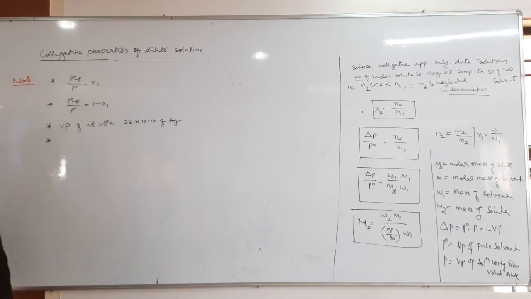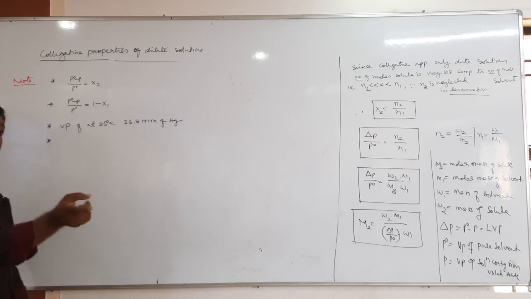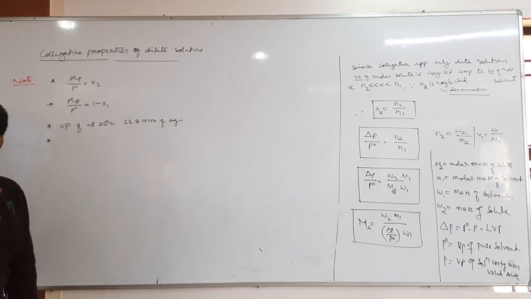So how to see the P value is, they may mention it like this: water boils at 100 degrees Celsius, or so and so solution boils at 100 degrees Celsius. What is the meaning of this? At what temperature does it boil? It has a boiling point. At what pressure does it boil? 1 atm. It means that indirectly, instead of giving the vapor pressure, they mention the boiling point.